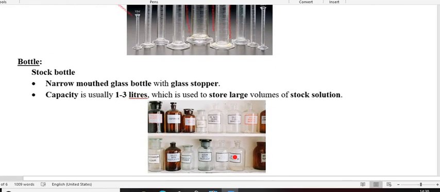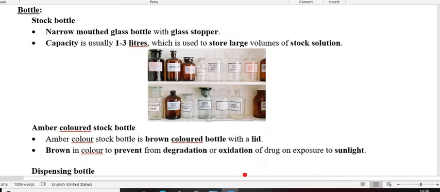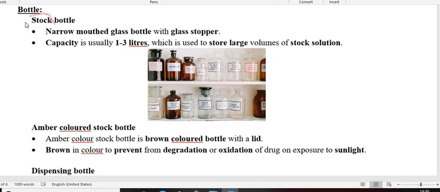Now we have to go through the different varieties of bottles. This may be the amber color bottle, this may be the stock bottle, this may be another bottle. Now we are going to discuss the stock bottle. The name clearly indicates its function: to stock the stock solution.